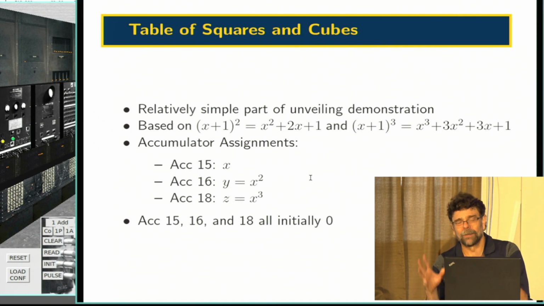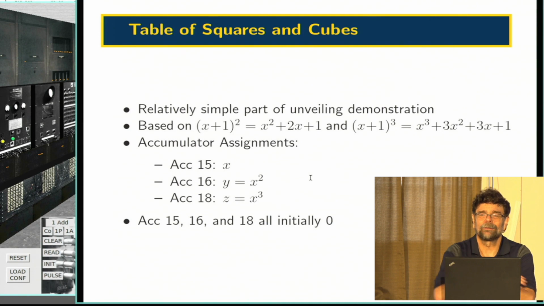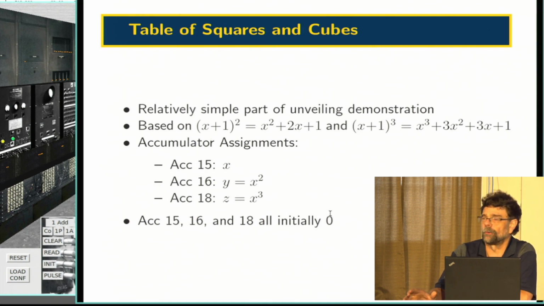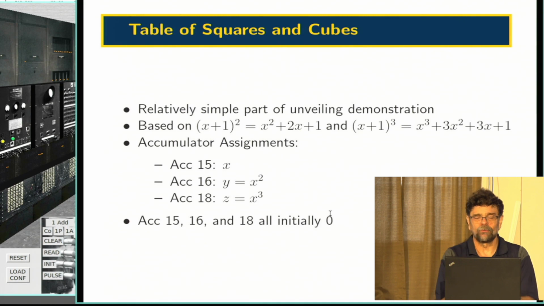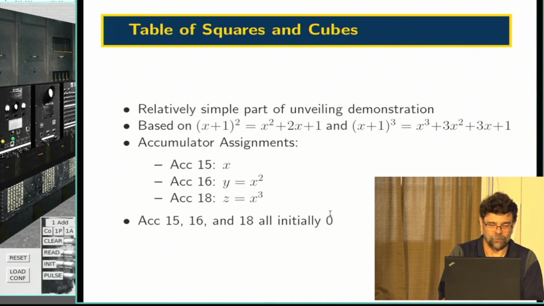Well, yeah, I am, but I'm not changing it quite the same way I would think of mathematically. And all these are initially 0. So we're going to start out saying that 0 squared and 0 cubed are 0. That's good. We got that much right.